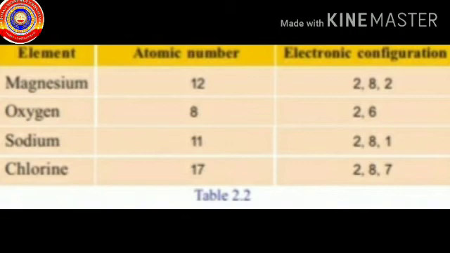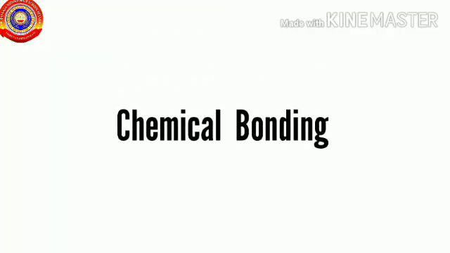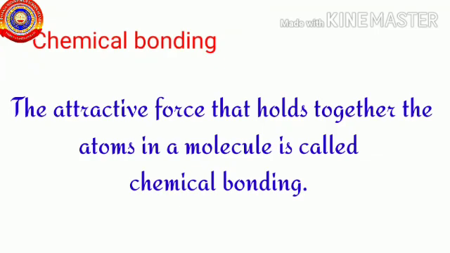This force of attraction is called chemical bonding. So atoms acquire stability by attaining an 8-electron configuration in their valence shell through chemical bonding. So what is a chemical bonding? The attractive force that holds together the atoms in a molecule is called chemical bonding.